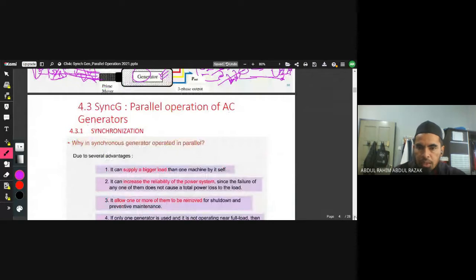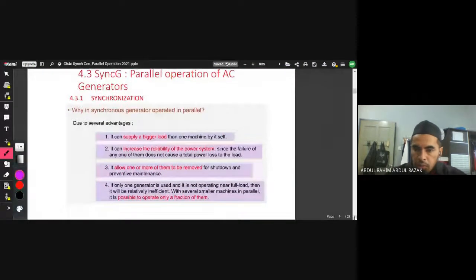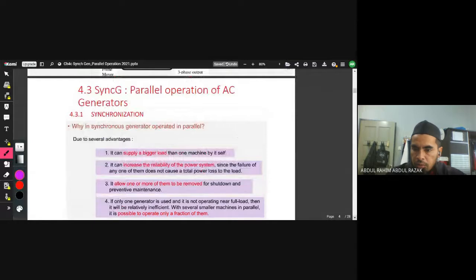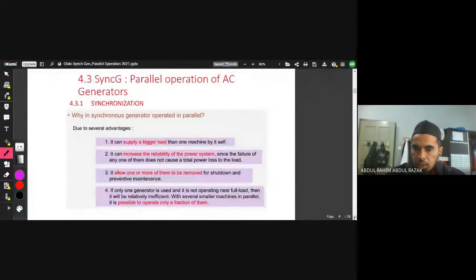What is the advantage when we run the generator in parallel operation, not in single or standalone mode, but now in parallel? Parallel means that we have a few generators.